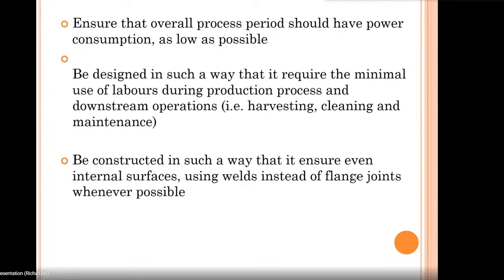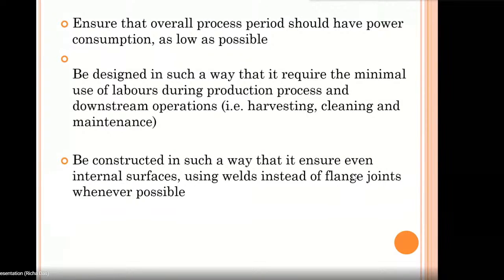Screws are not preferred because they are large in size, so the production media can start accumulating around these flange points, around these screws, or your microorganisms may also start accumulating on these screws.